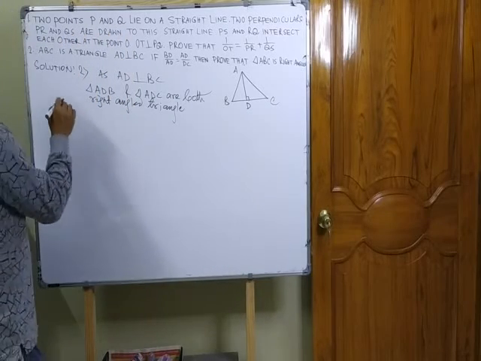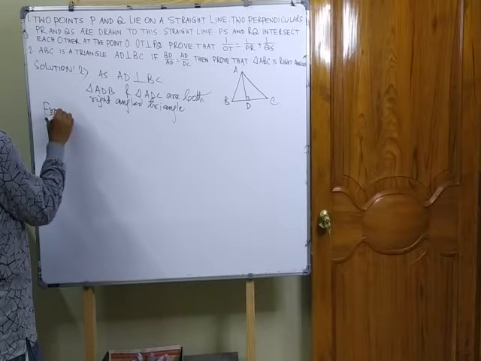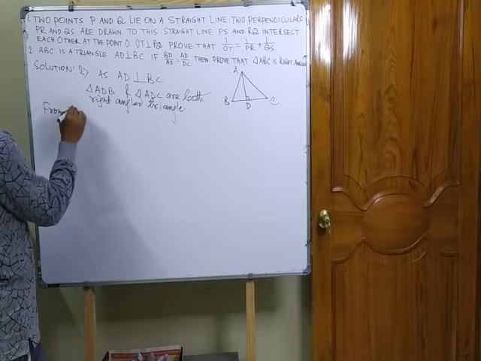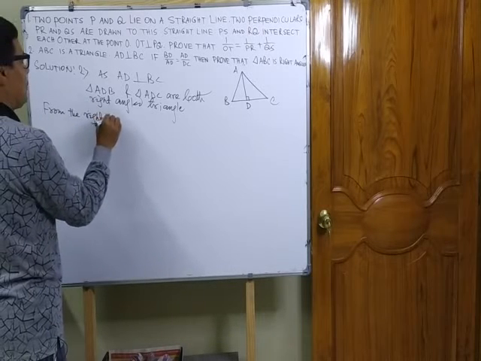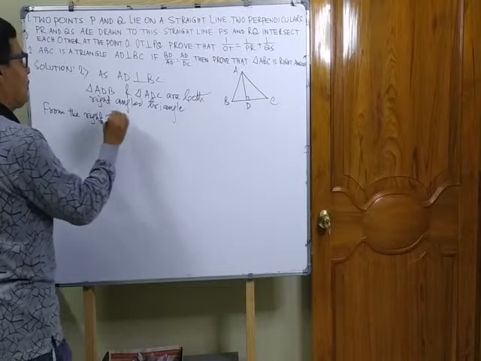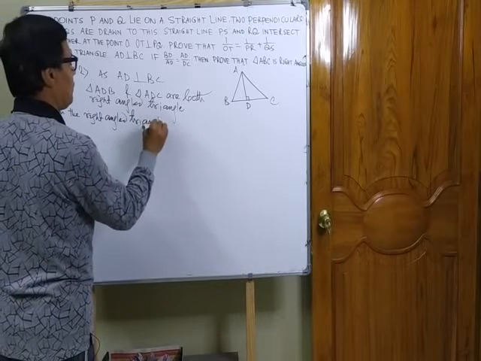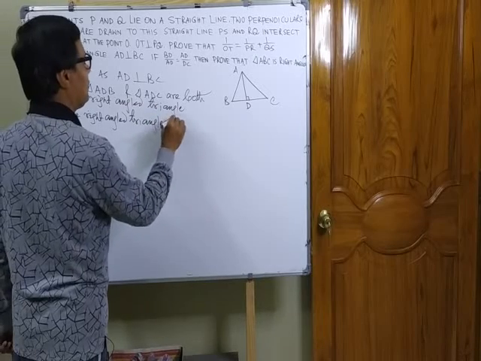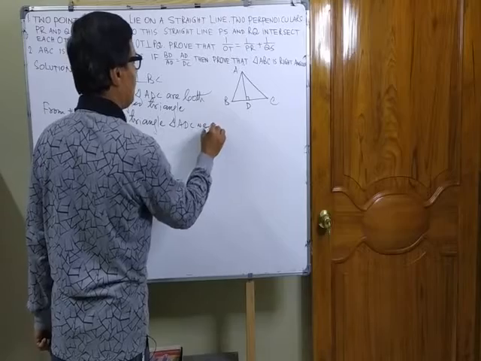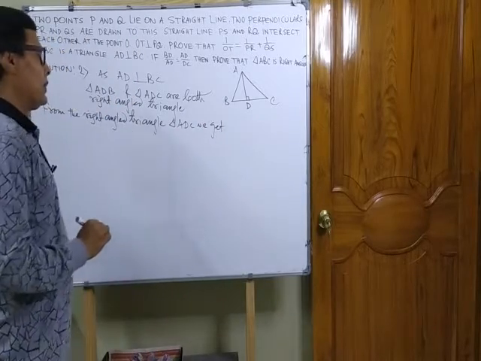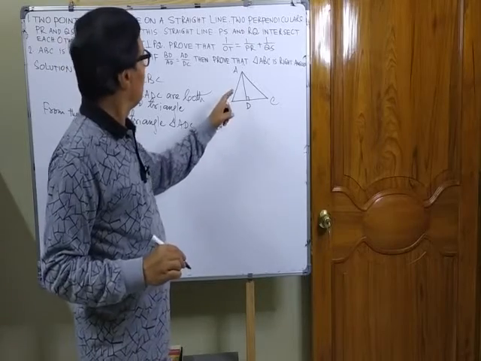From the right angle triangle ADC, what do we get?